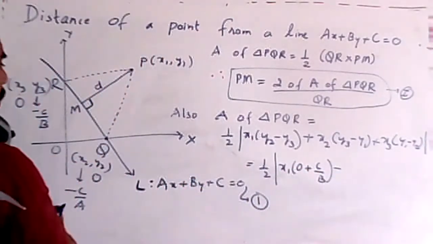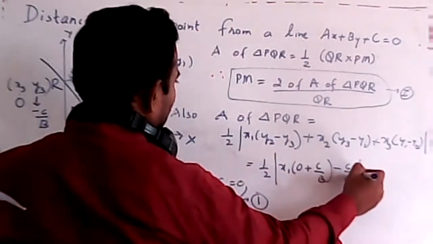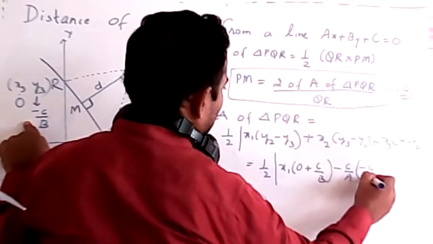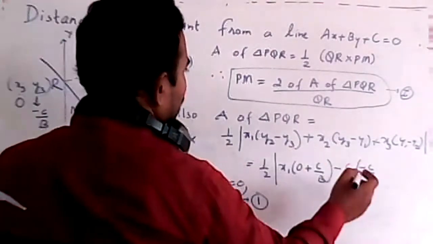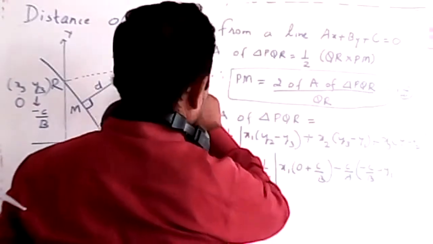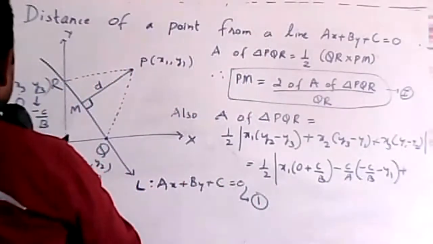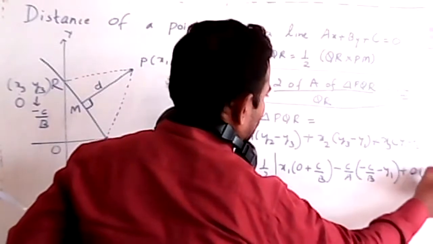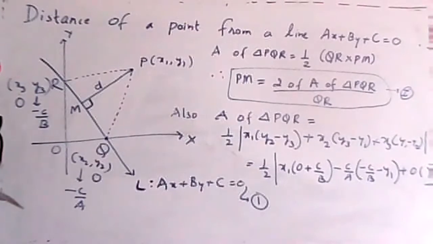Y3 is minus c by b, so minus of minus gives plus c by b. Then x2 is minus c by a, into bracket y3, which is minus c by b, minus y1. And x3 is 0, into anything, no question of doing this. I will leave it.